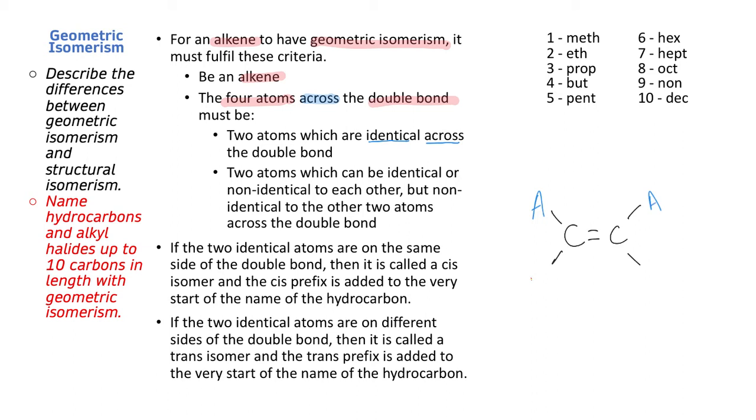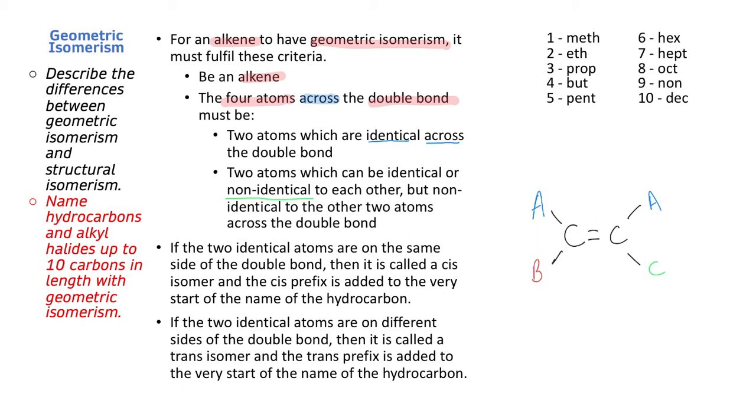And then two atoms which can be identical or non-identical to each other, but non-identical to the two atoms across the double bond. So you could have a B and a B here. Alternatively, you could have a B and a C here. So this would be non-identical to each other, and also non-identical to the other two A's there, right?